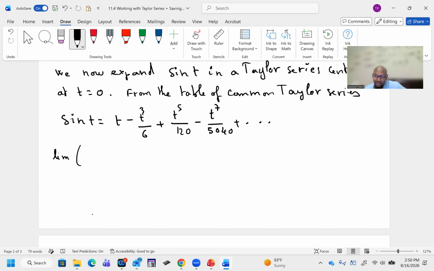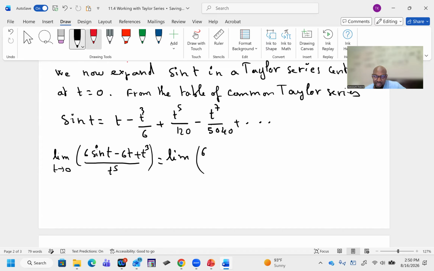The limit of 6 times sine of t minus 6t plus t to the power of 3, divided by t to the power of 5 as t approaches 0, will be equal to the limit of, in parentheses, 6 times sine t.